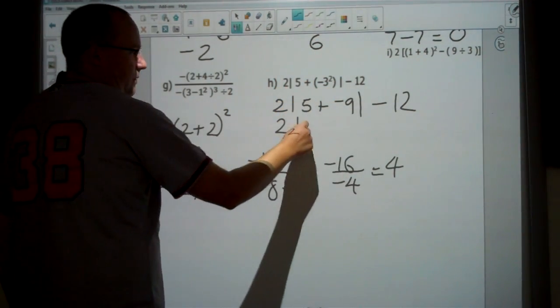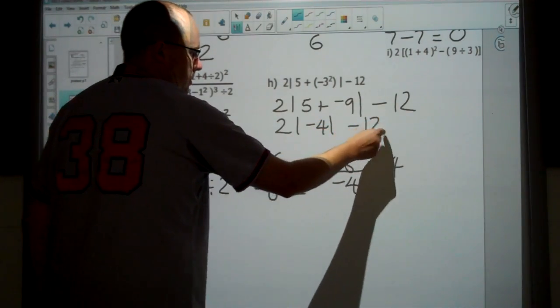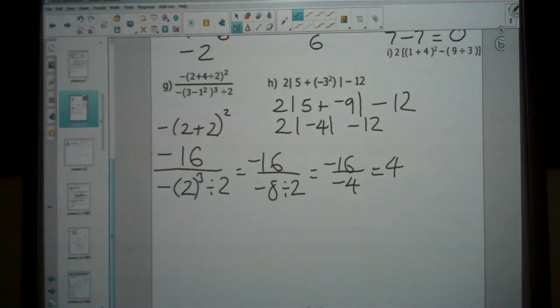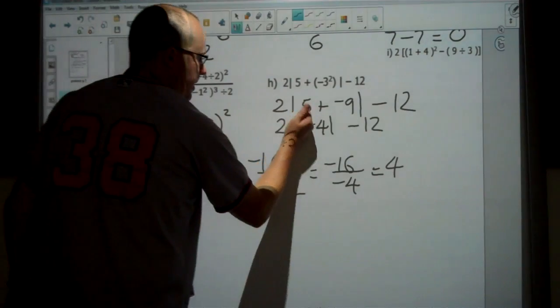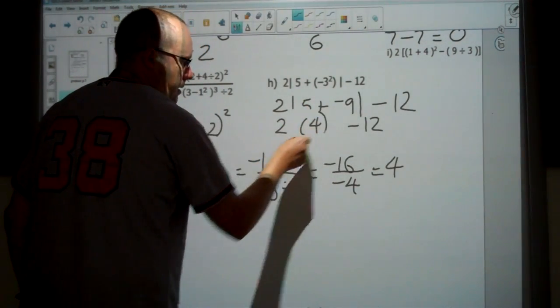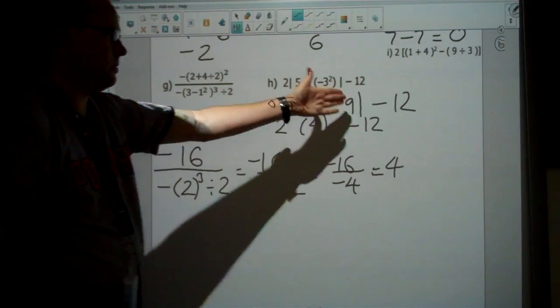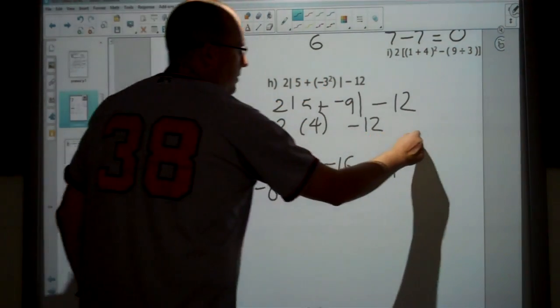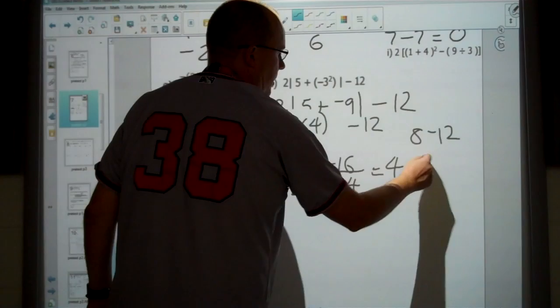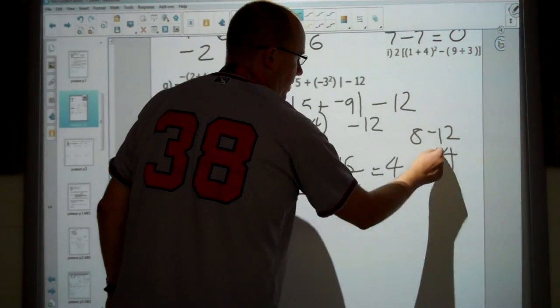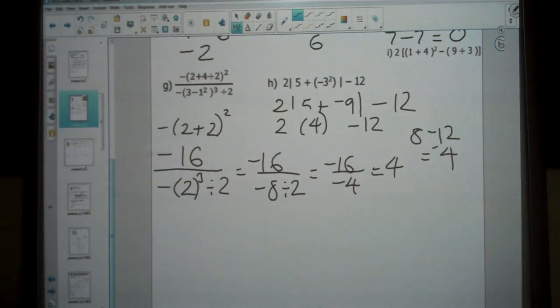So 5 add negative 9 is negative 4. The absolute value of negative 4 is positive 4, because it makes everything positive. And two things that are next to each other in algebra, remember, we're going to multiply, so that would come before subtract. So 2 times 4 is 8, and then I've got to take away 12, and then 8 take away 12 is negative 4.